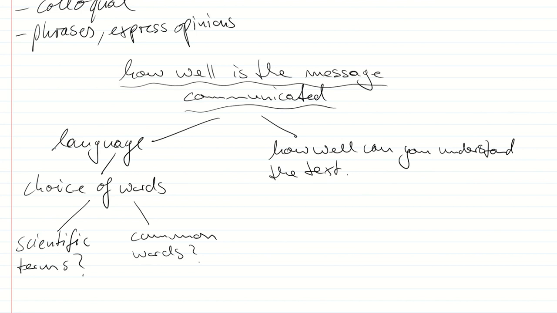Of course, this depends a lot on the reader, how smart the reader is, or let me say, what kind of group the reader belongs to. A scientist, for example, may understand a scientific text more easily than, for example, a normal person who has nothing to do with science.